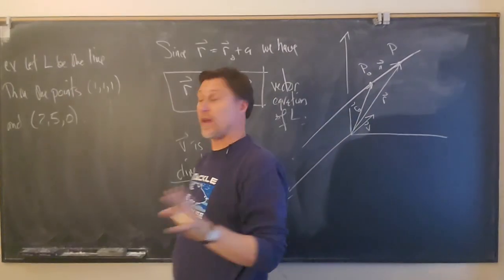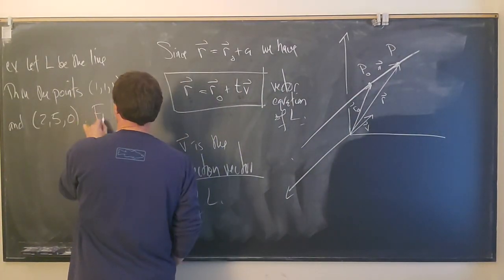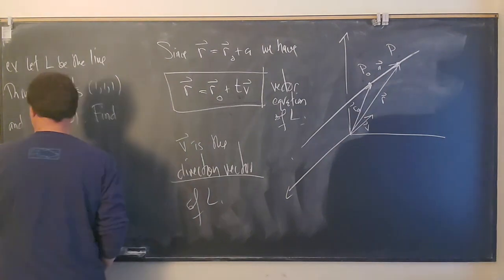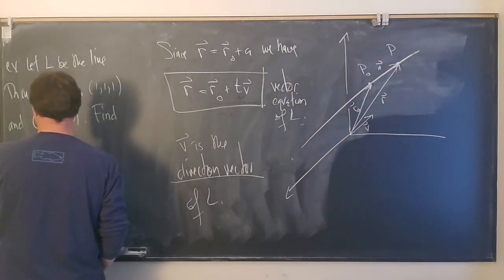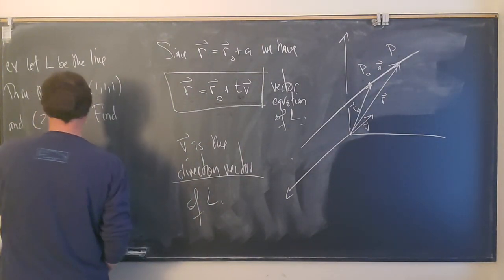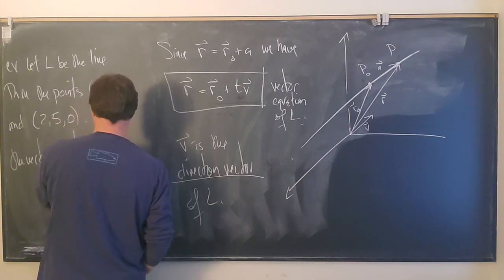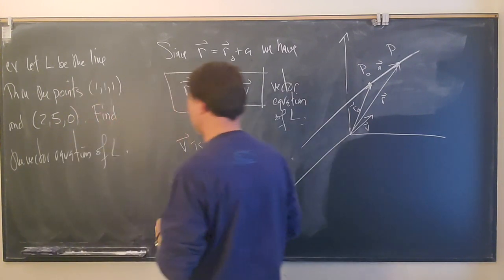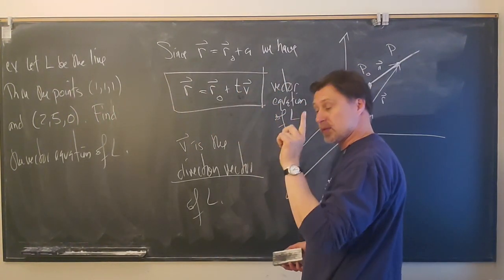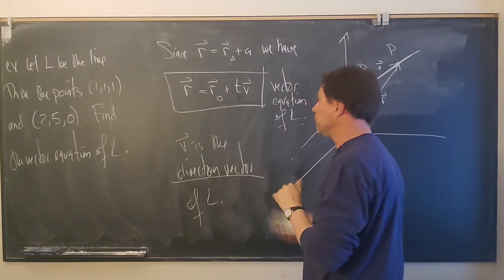What I want to do is find the vector equation of this line. So find the vector equation of the line L. So remember what we need. We need a single point and a direction vector.